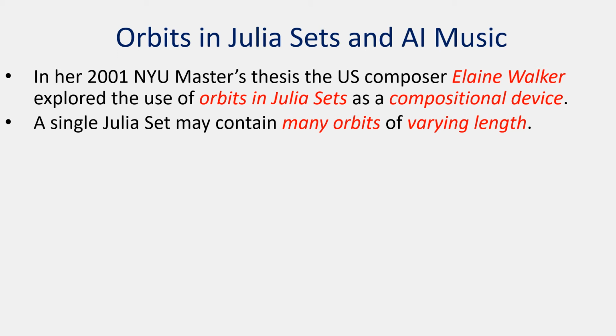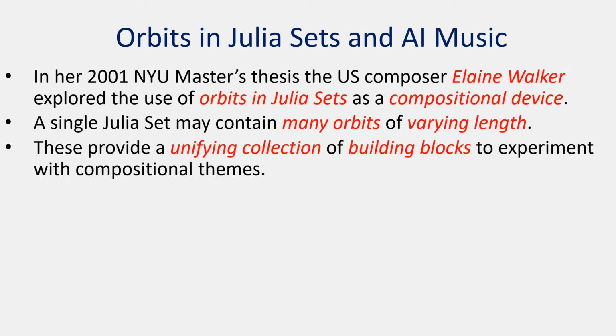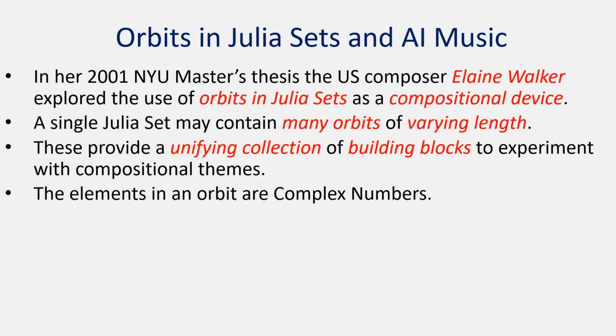Sometimes we can find quite complicated orbits involving several tens or even several hundreds of elements. But what this notion of orbit provides is a kind of unifying collection of basic building blocks which we can use to experiment and to build compositional structures on.